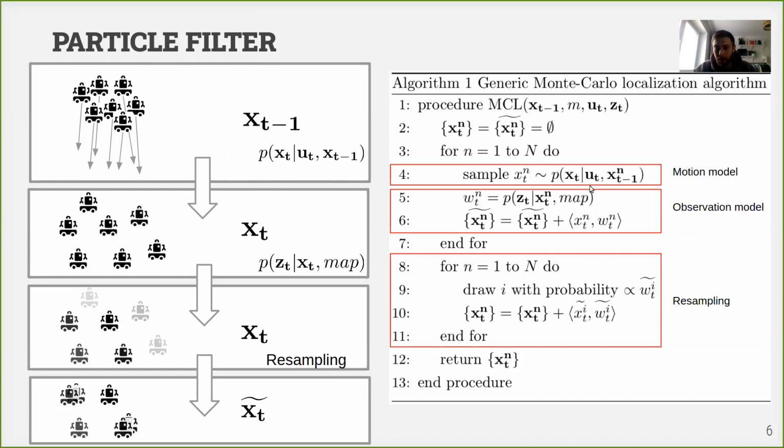The second step here, for each particle from n equal 1 to N, where capital N is the number of particles, we're sampling from our motion model. So we take the position of each particle as an initial position. We take either our encoder readings or our commanded linear and angular velocity, and we move our particle, adding some noise.